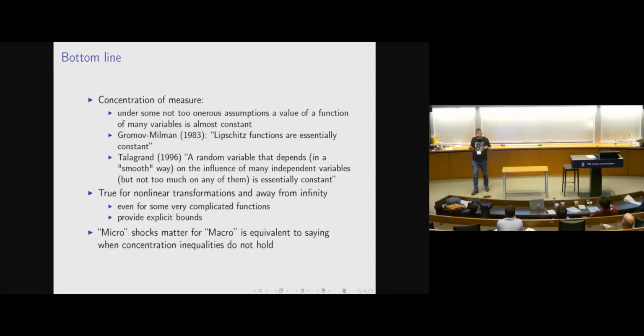So the name of the game in asking why microshocks matter for macro is seeing which assumptions in these concentration inequalities are not satisfied. The right way to think about microshocks having macro consequences is in terms of concentration of measure.